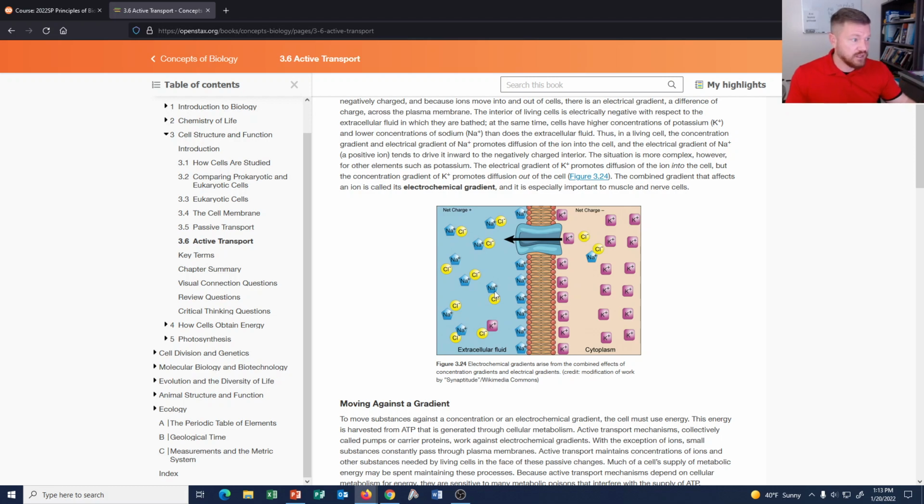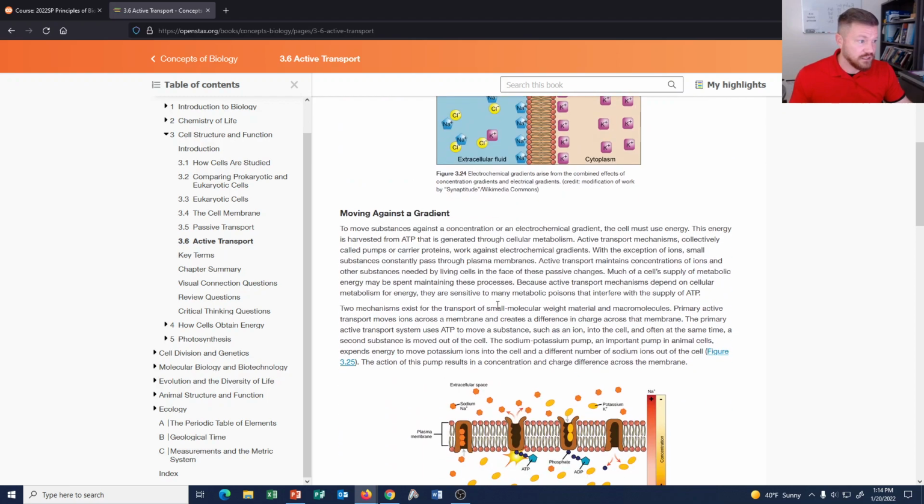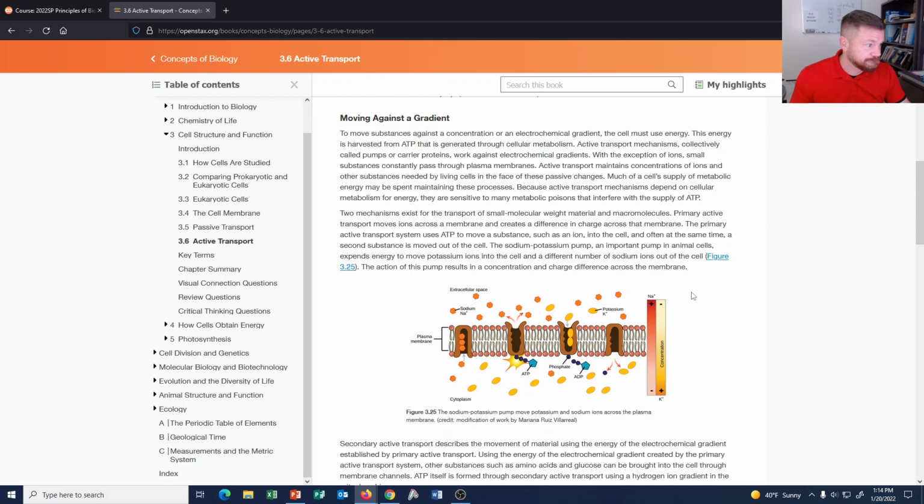Say I want to move this potassium from here over to there. The problem is there's so much potassium over there, this one by itself doesn't want to go over there. The only way it's going to go over there is if I pump it over there through an active transport system, using ATP. So you move things against their gradient.